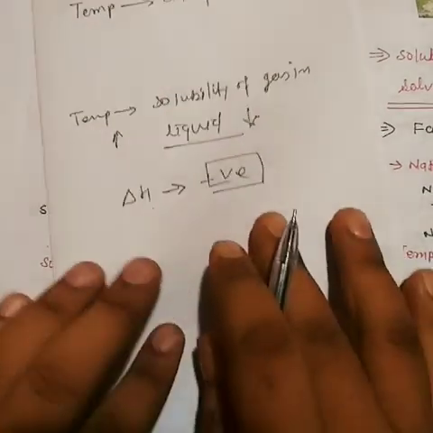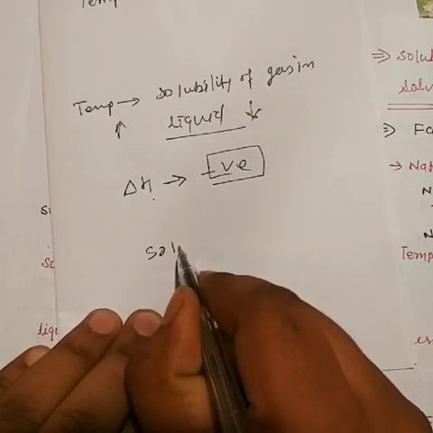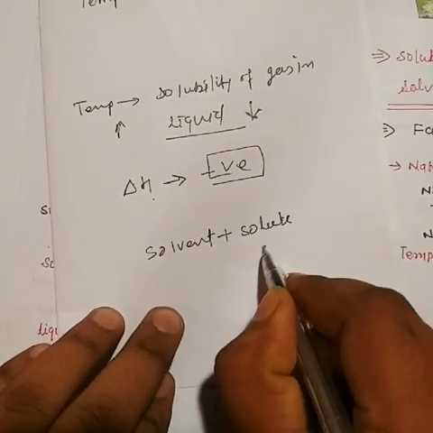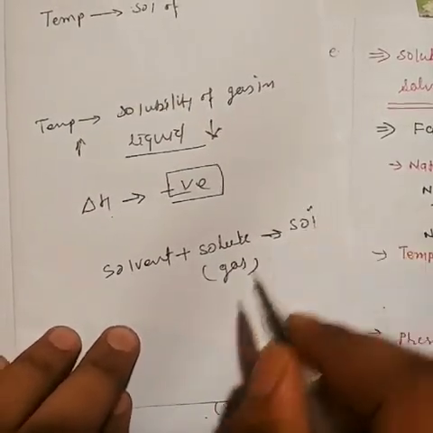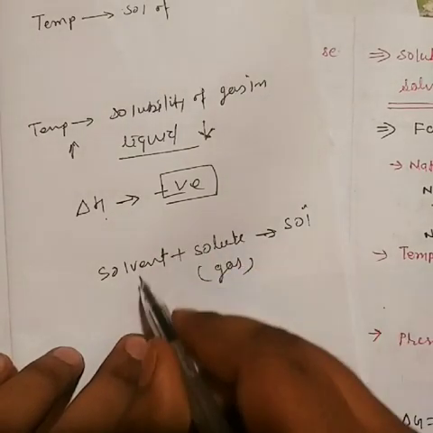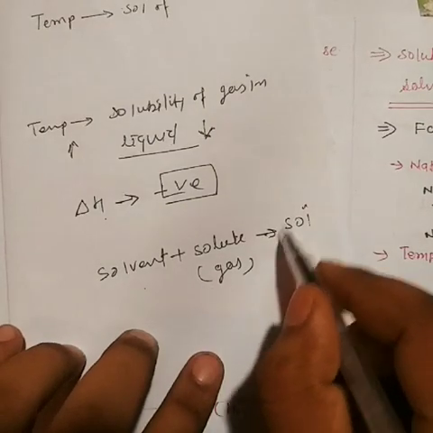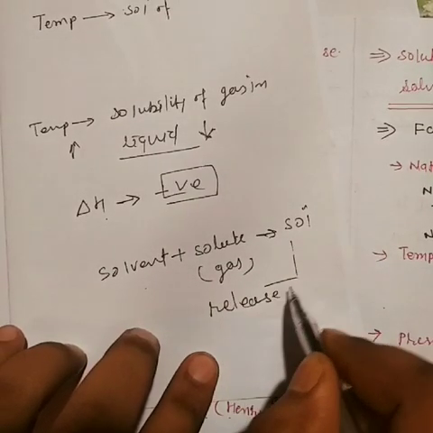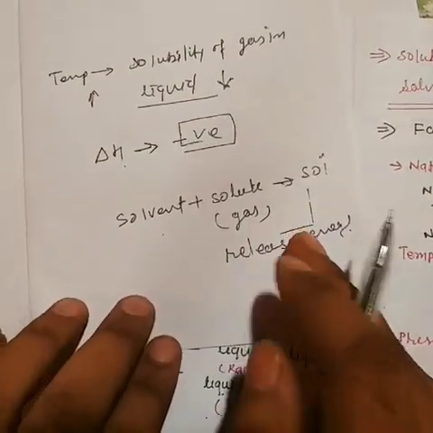So how is it negative? Just see: solvent plus solute as a gas forms the solution. Whenever we insert a gaseous substance into a liquid solvent, the solution formation releases energy.